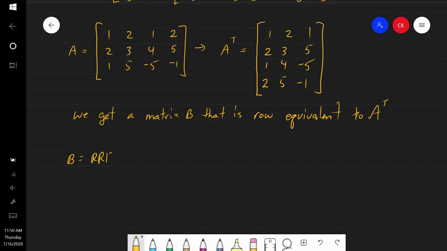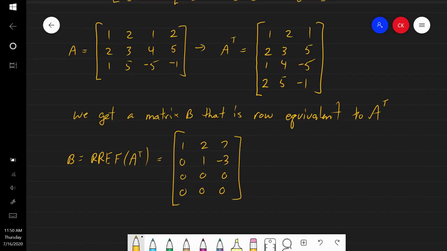So RREF of A transpose, and that's going to be 1, 0, 0, 0, to 1, 0, 0, 7, minus 3, 0, 0. So we got 2 rows of zeros at the bottom here.